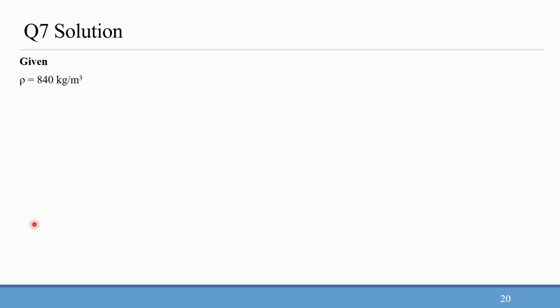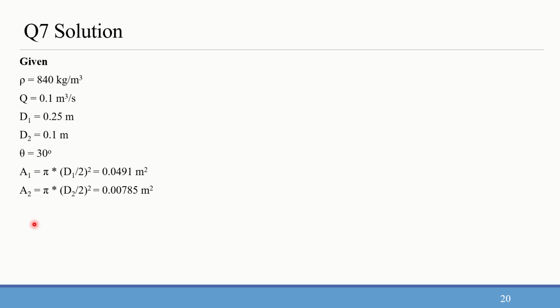Density is 840 kg per meter cube and flow rate is 0.1 meter cube per second. Everything is similar, I am just rewriting everything. D1 is 25 centimeter or 0.25 meters. D2 is 10 centimeter or 0.1 meter, and theta is 30 degrees. A1 is the cross sectional area of the pipe at the inlet, pi by 4 D1 square, which we calculated as 0.0491 meter square, and A2 is pi by 4 D2 square, which is 0.00785 meter square.